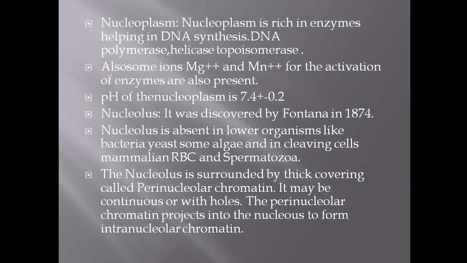Further, the point tells you about the pH now. The pH of the nucleoplasm is about 7.4 plus or minus 0.2, means it could be 7.2 sometimes, or it could be 7.6 sometimes. So it is the pH range of the nucleoplasm.